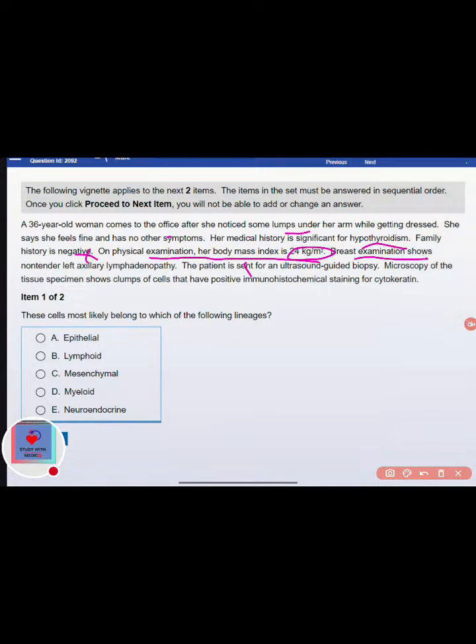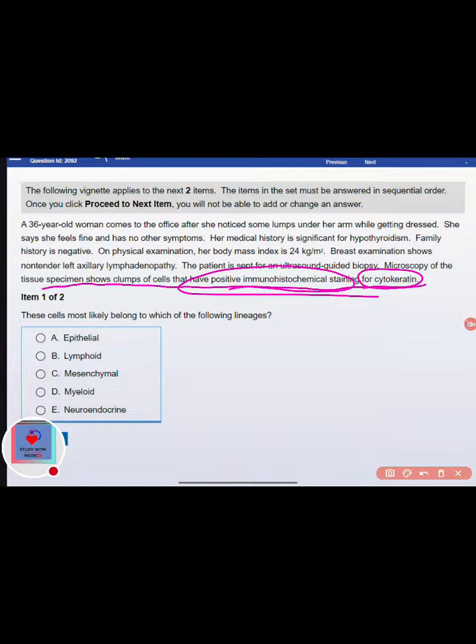Breast examination shows non-tender left axillary lymphadenopathy. Ultrasound-guided biopsy of the tissue specimen shows clumps of cells that are positive on immunohistochemical staining for cytokeratin. These cells most likely belong to which of the following lineages? Epithelial, lymphoid, mesenchymal, myeloid, or neuroendocrine.